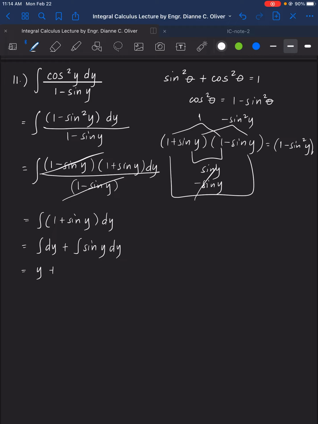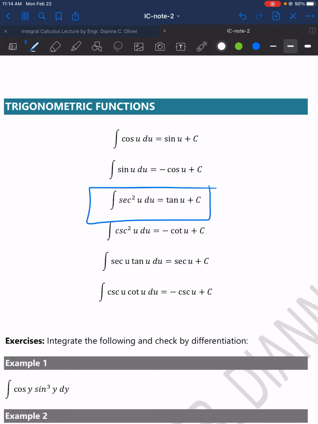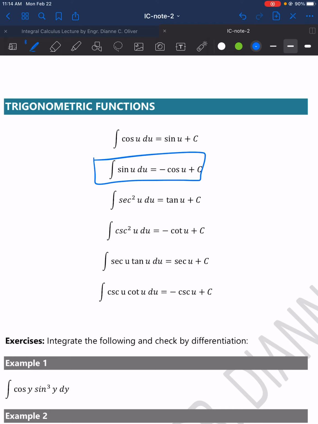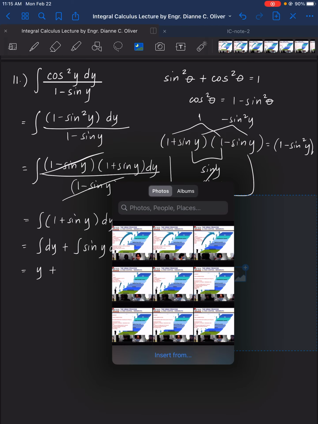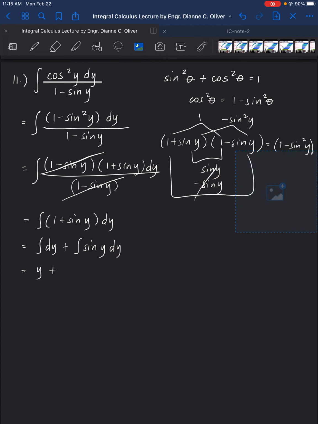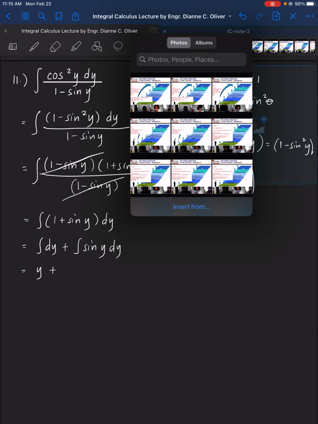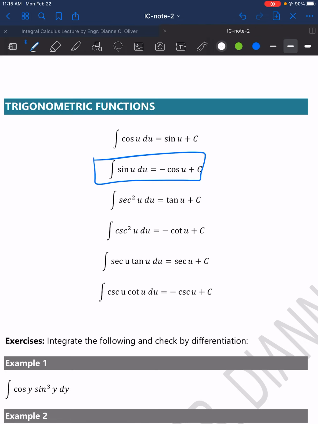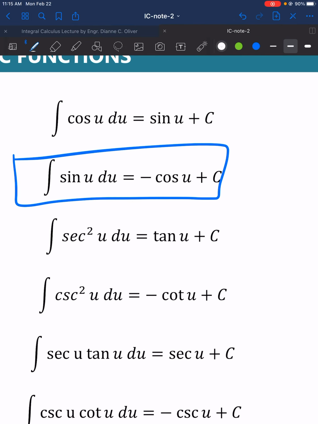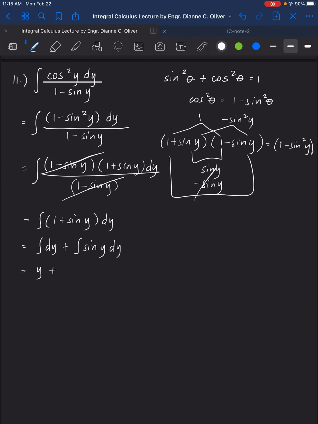And for integral of sine y dy, using the pattern for sine, the integral of sine u du, the answer is negative cosine u.